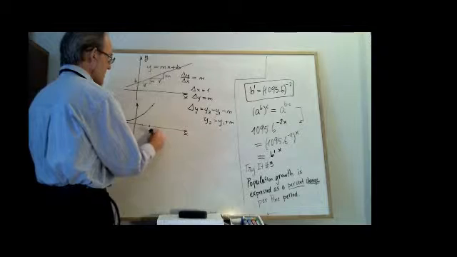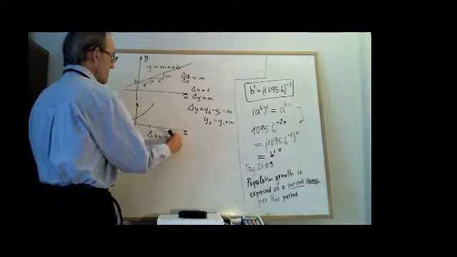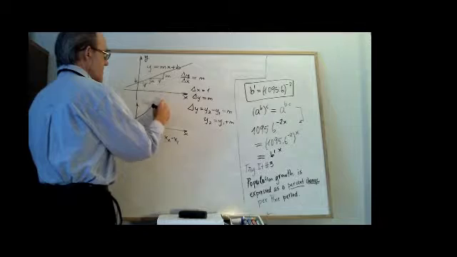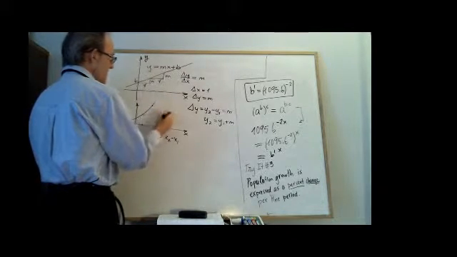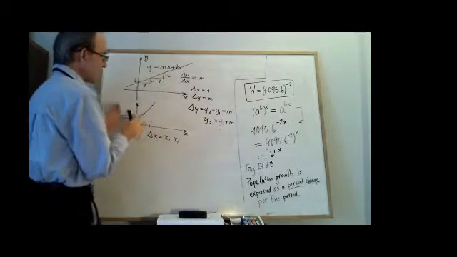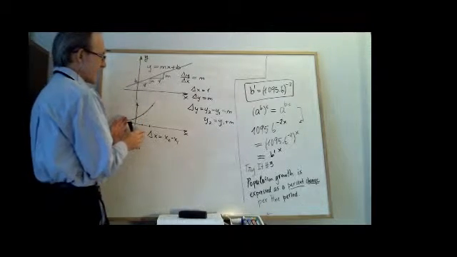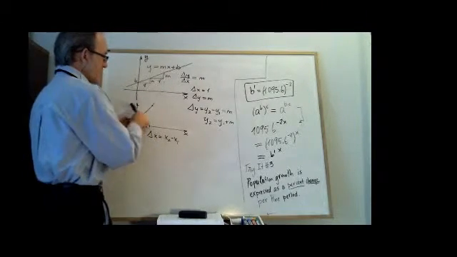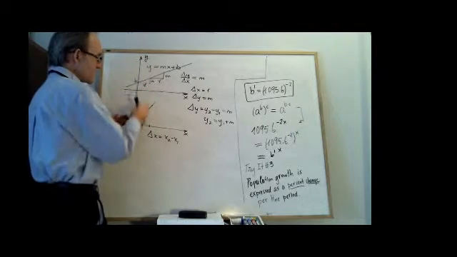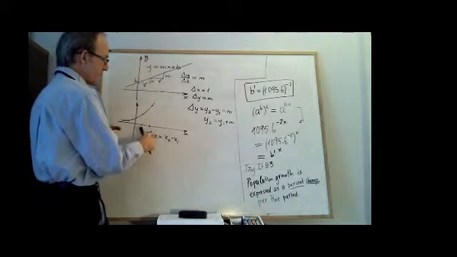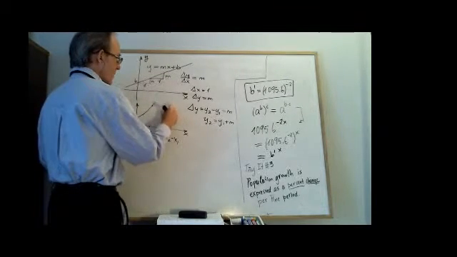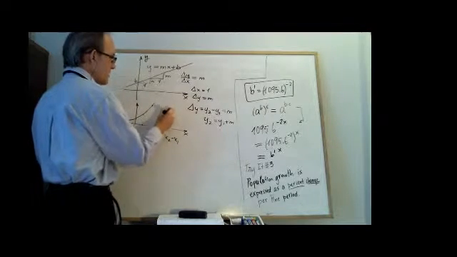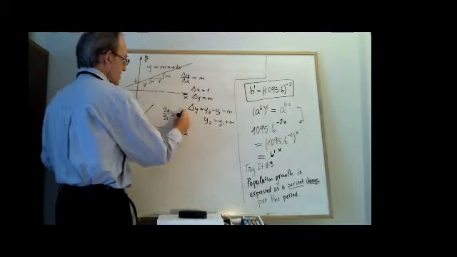So if delta x is x2 minus x1, then you don't get a delta y. Well, you do, and you can consider delta y, but the characterizing feature of an exponential function is not that there is a constant shift in the y direction for a given shift in x, but there is a constant factor that you have to multiply by. So y2 divided by y1 is going to be a constant.